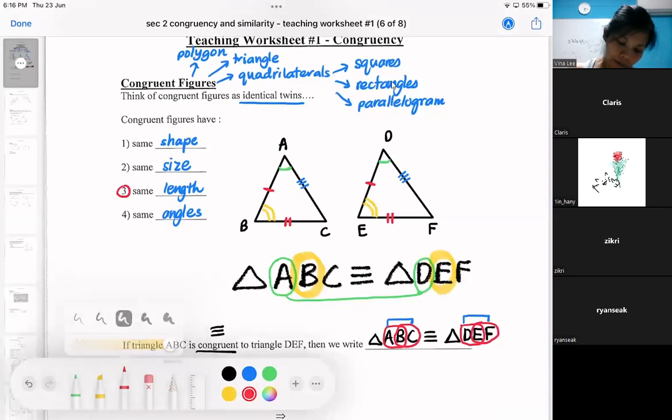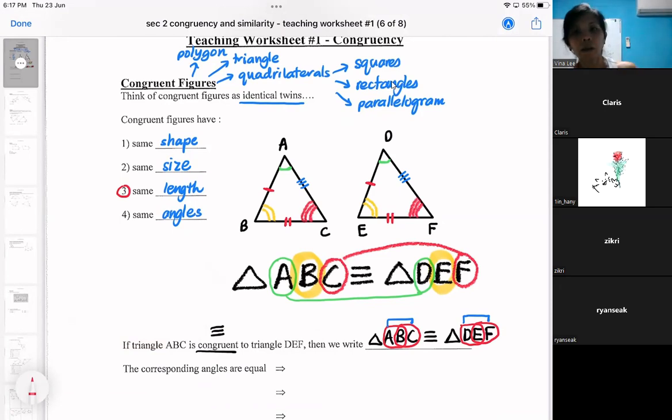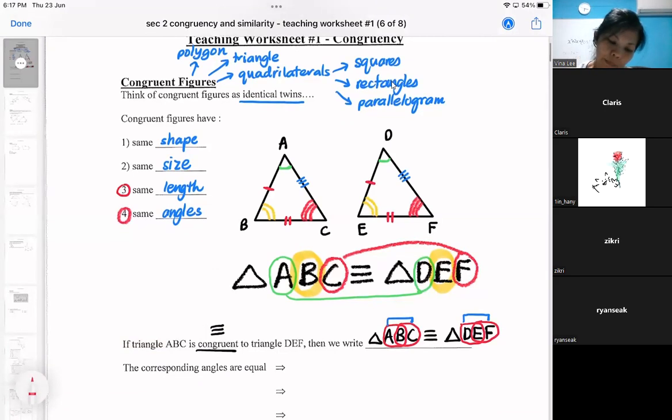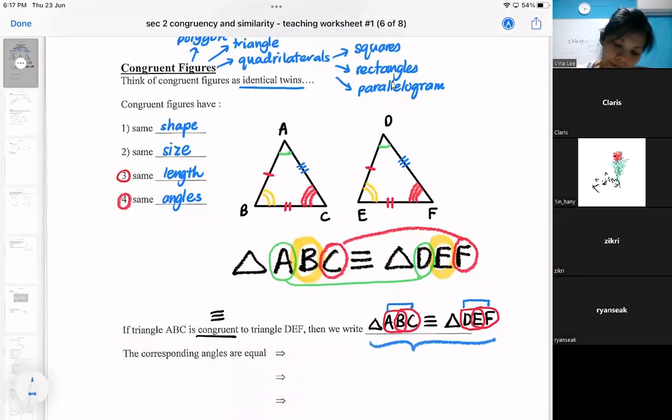Then the last one, angle C will match with angle F. Can you see? We will match the length and we will match the angle because they are meant to be identical twins. The triple line is called a congruency statement.